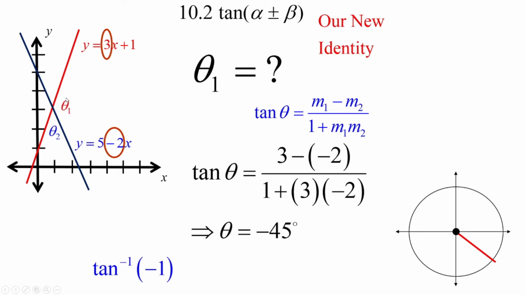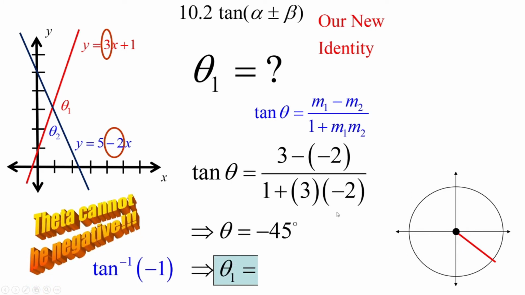Now obviously theta sub 1 is not a negative angle, so we need the positive coterminal angle of the same ray. So that would be 360 minus the 45, which is going to be theta sub 1 equals 135 degrees right there. Okay, very cool. So if theta sub 1 is 135 degrees, can you guys tell me theta sub 2? So wouldn't that then have to be 45 degrees?